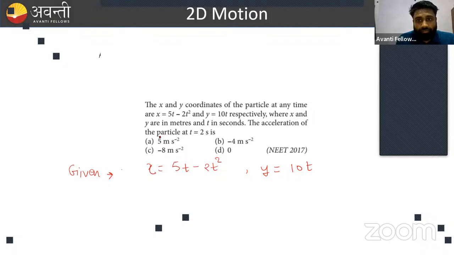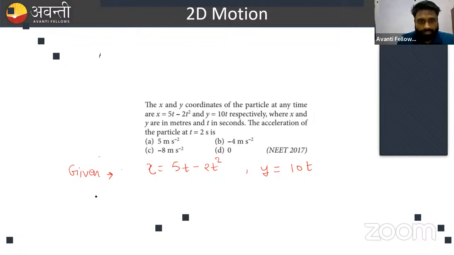To calculate the acceleration of the particle, we need to know what the velocity is. Position is given to us as a function of time. x is equal to 5t minus 2t square, this is the x component of the position, and y is equal to 10t, this is the y component of the position.